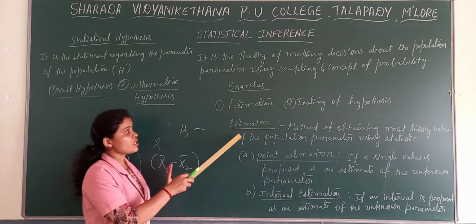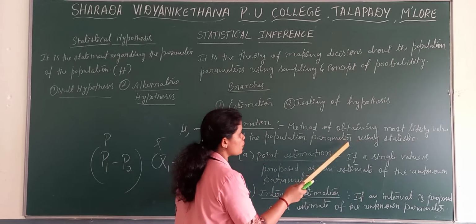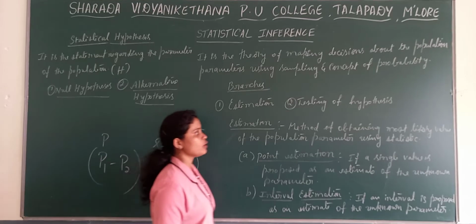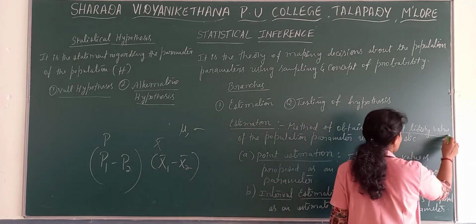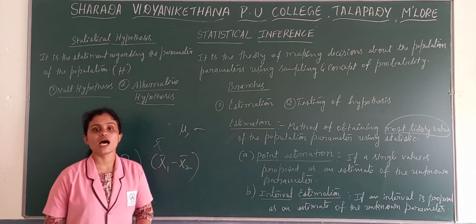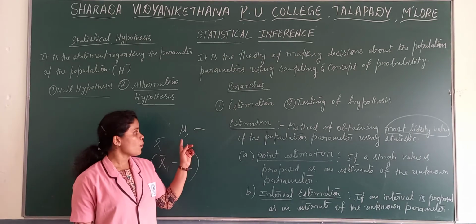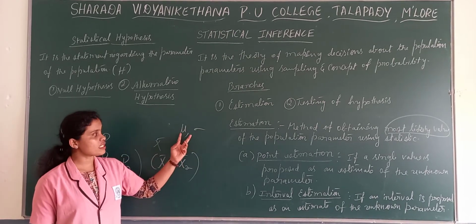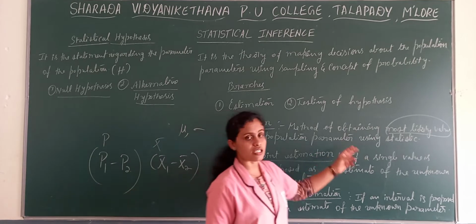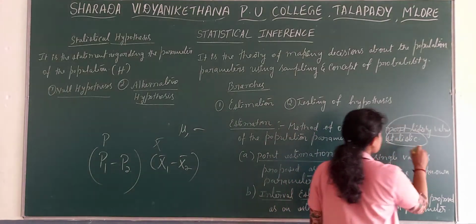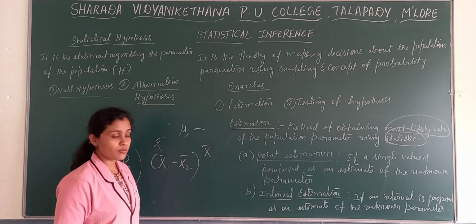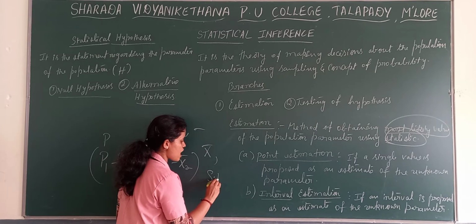Estimation is a method of obtaining the most likely value of the population parameter. Most likely value is nothing but the nearest value of the population parameter. We are estimating the most likely value of these two population parameters using a statistic. What is a statistic? A statistic is nothing but a function. It may be a mean or it may be a standard deviation.